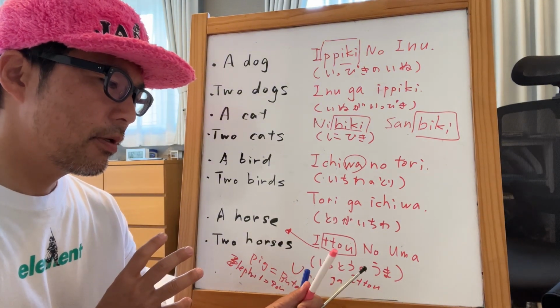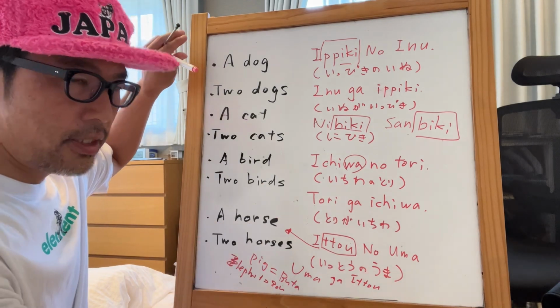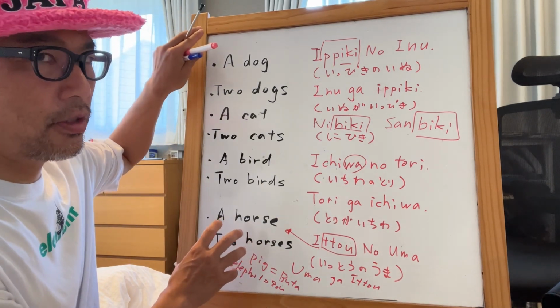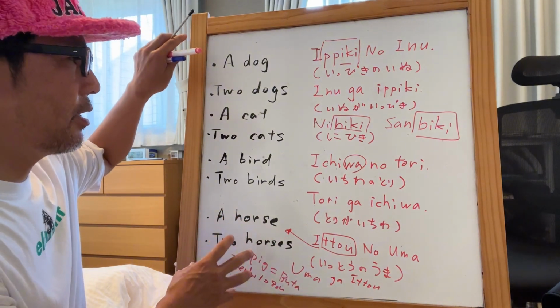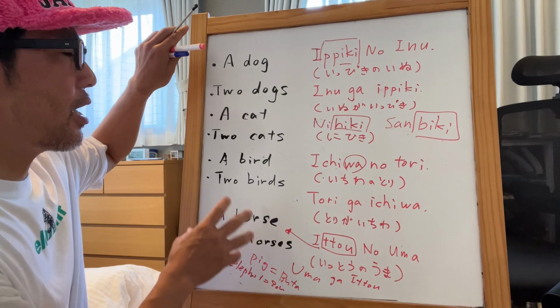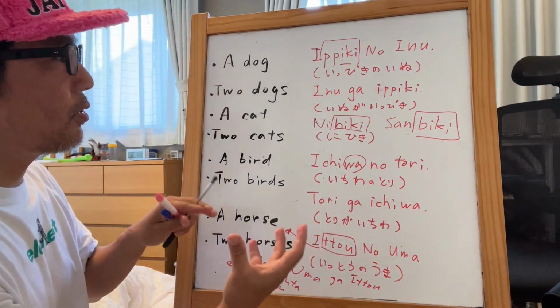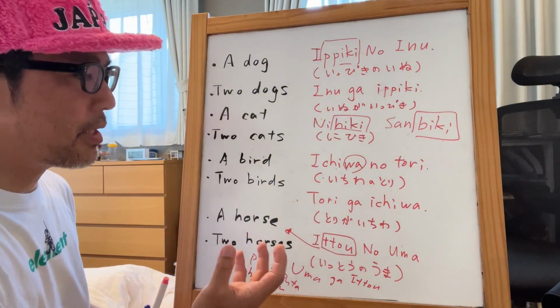I think the reason why we have two different ways to count animals, to categorize the animals, is that size matters.